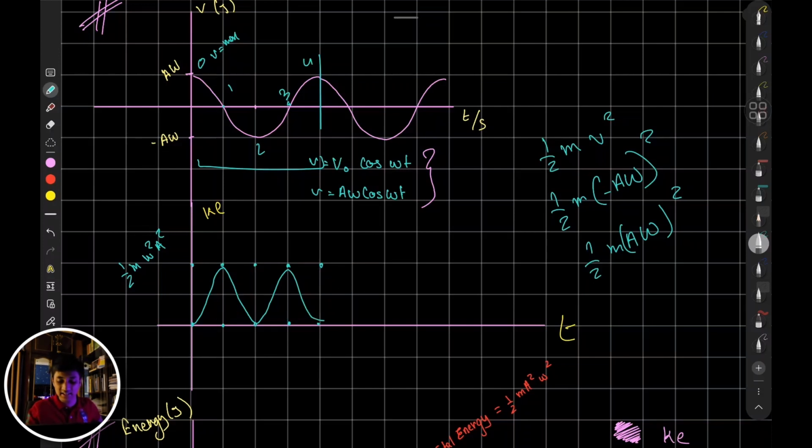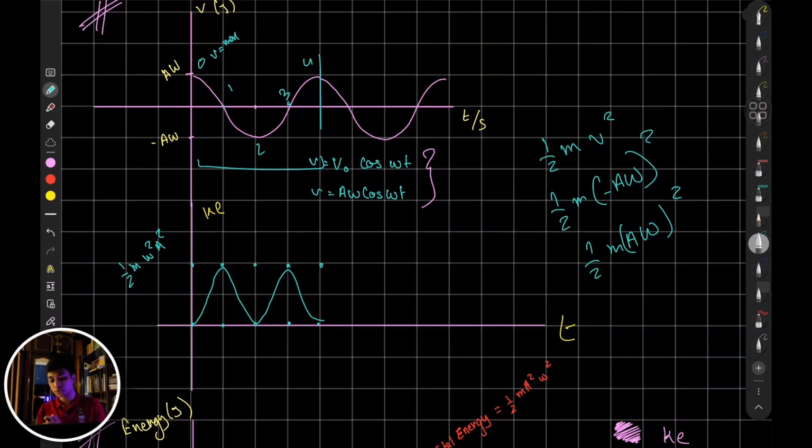So if I erase the kinetic energy curve, this is your potential energy curve. Great. So if this is your potential energy curve, you know that there is a trigonometric function for this as well. So basically, if you're good at trigonometry, you already know this is synonymous to a sine square curve.